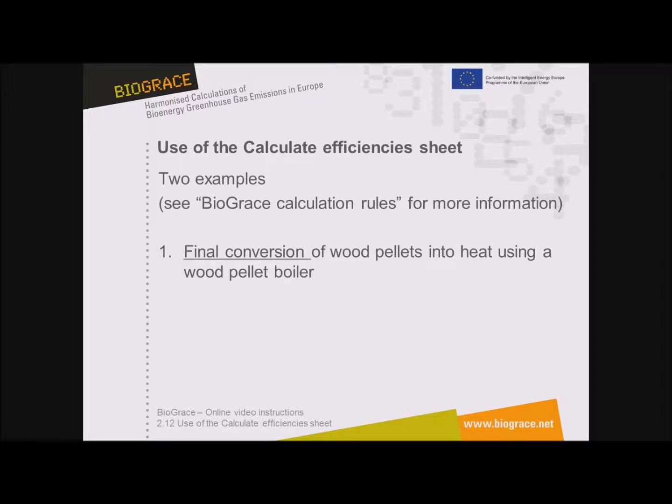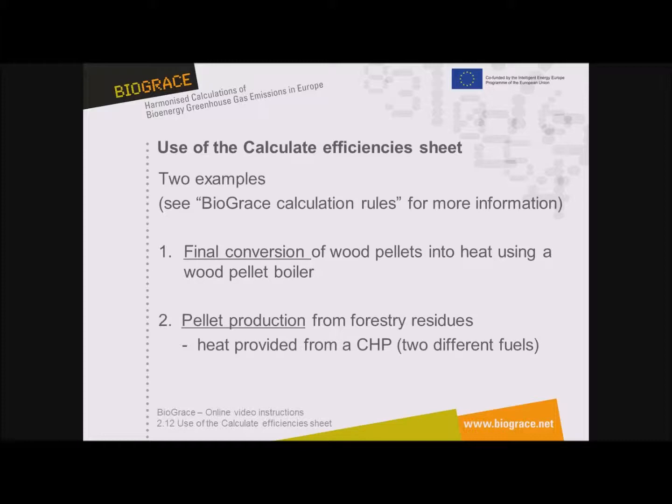The first example is on the final conversion of wood pellets into heat using a wood pellet boiler. The second example is on pellet production from forestry residues with heat provided from a CHP on two different fuels, wood chips and fossil fuel oil.